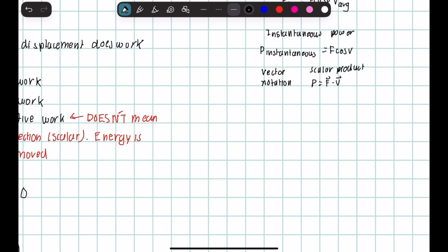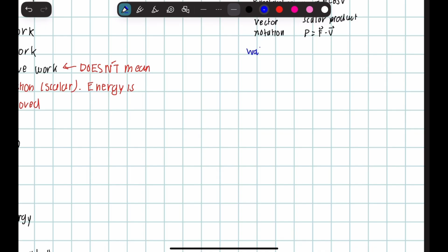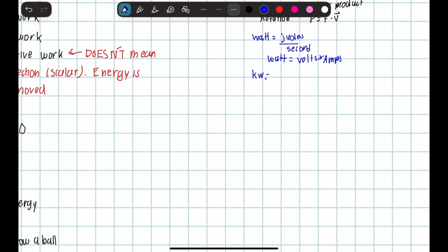Now let's talk about the units. So a watt is going to be joules over second. A watt is also equal to volts times amps. And a kilowatt is equal to this expression, the square root of kVA squared minus kVAR squared. And you can convert watts to kilowatts by dividing wattage by 1,000.